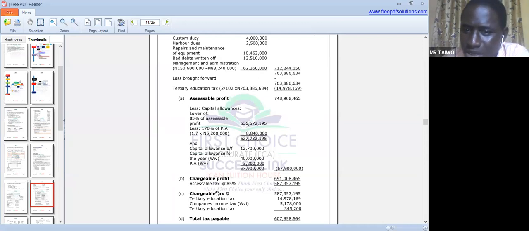If it is 10 million, you say tax offset 10 million. You remove the 10 million from 587 million. That will give you 577 million. That's what will give you the chargeable tax. I hope you get what I'm saying now.